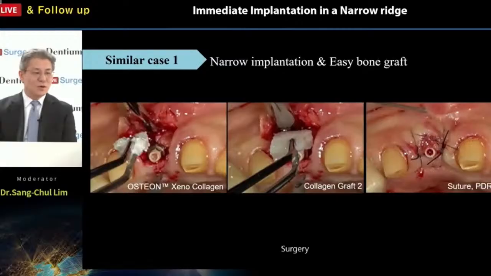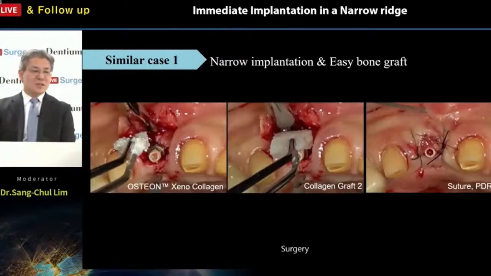Coupled with Collagen Graft 2, covering this graft material, all of the collagenated bone is covered by the collagen matrix. It means this Collagen Graft 2 works as a barrier membrane to a degree, and is also soft tissue friendly, making for faster healing.